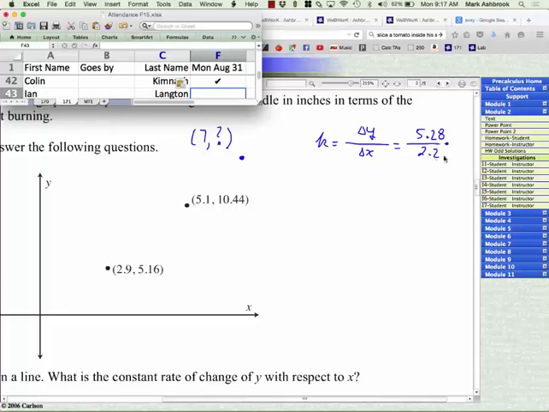And you got? All right, and then what'd you do? And then I took y minus 10.44 over 7 minus 5.1 equals 2.4. Okay, we got that. So we got k. Yeah. And so now we're ready to start. We're going to try to find this value. So what'd you do from there?